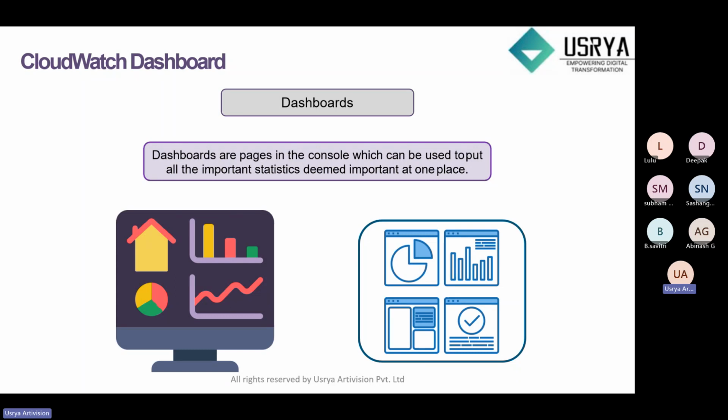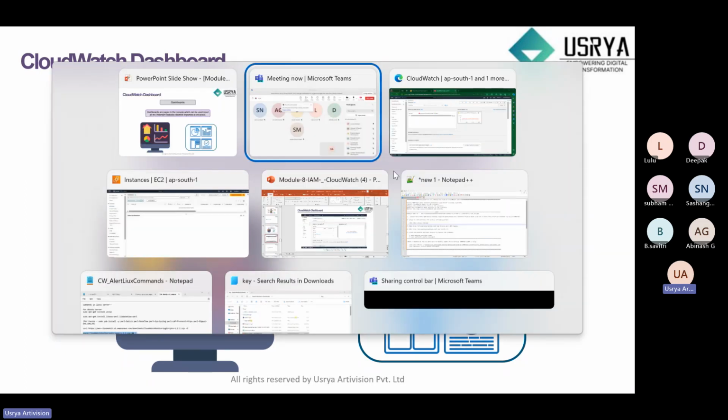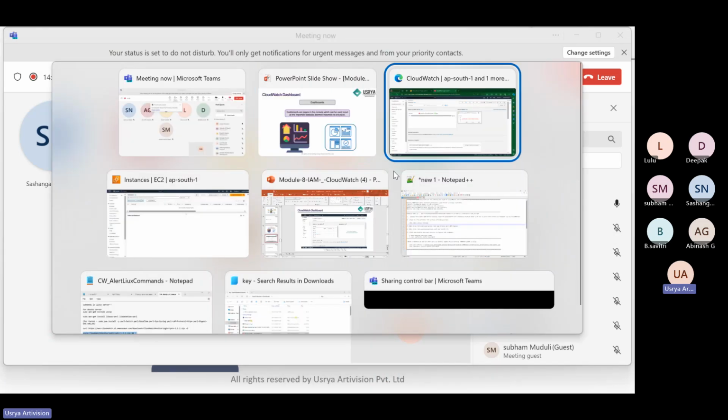But basically, we use the CloudWatch dashboard to monitor a specific EC2 instance or a specific project, right? Like if there is project one and project two, for project one we have configured different types of metrics, like CPU utilization, as I told you before. There are different metrics available in CloudWatch.